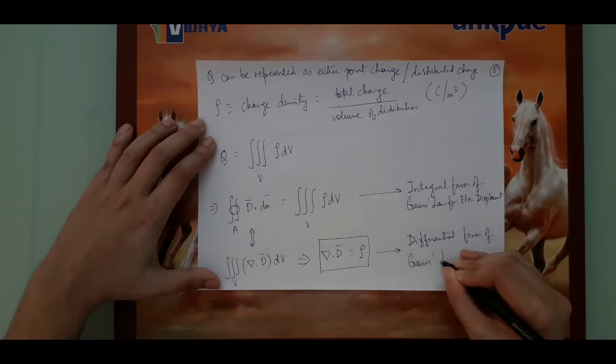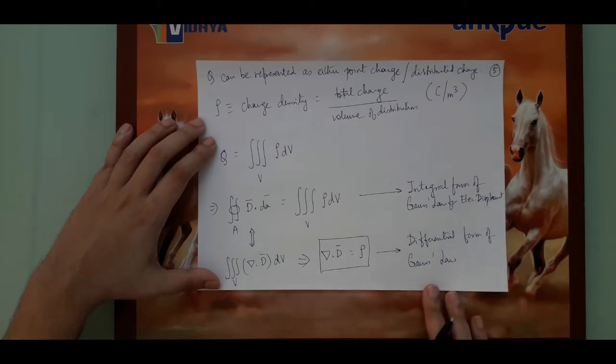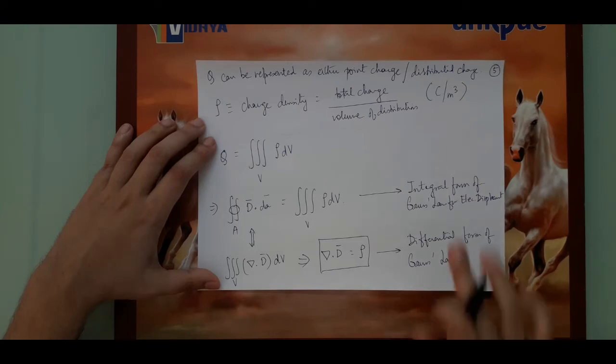Why differential? Because you have a derivative over here, the gradient. So this is causing a divergence, which is also indicative of derivative of a vector. So therefore this is Gauss's law of electric field, but we are writing them in two forms.